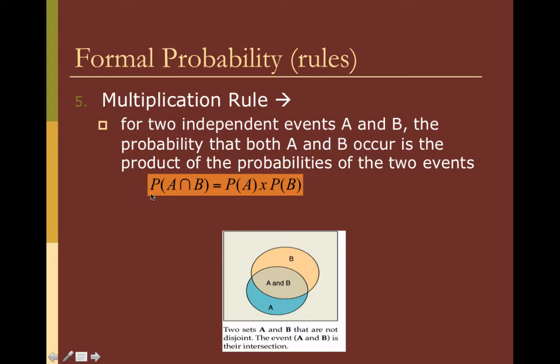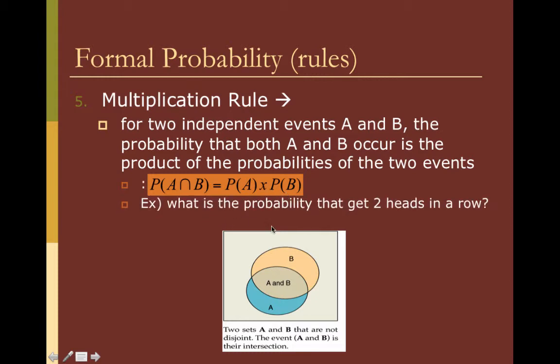So as we can see here with the proper notation, using the P for probability of A, and then the upside down U means and. So A and B is the probability of A times the probability of B.